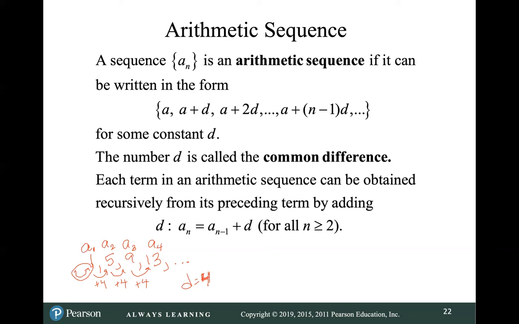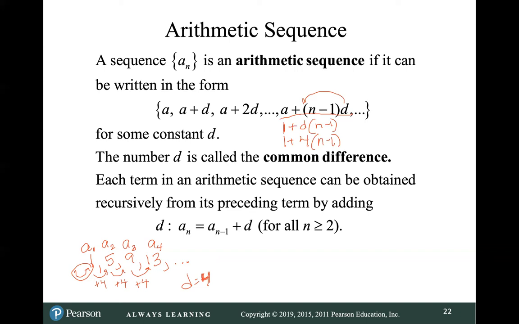Okay, that's where this formula here comes from. I start out with my first term, in our case 1, plus, and I like to write the D in front, D times n minus 1, because that shows me I'm multiplying my common difference, which is 4, times n minus 1. So what does that mean? Well, I had to add 4 to get the second term.